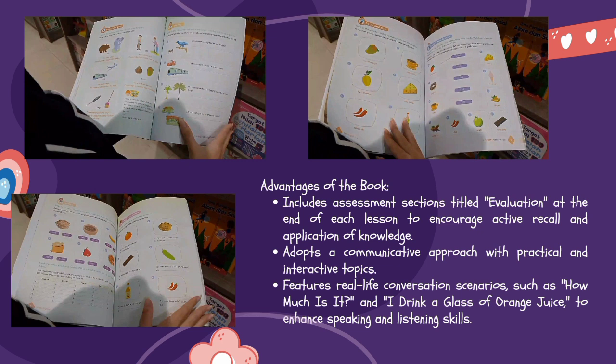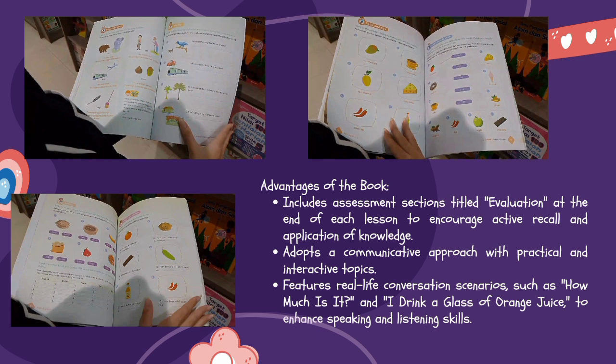The book adopts a communicative approach, particularly around practical and interactive topics such as "How much is it?" and "I drink a glass of orange juice." These topics stimulate real-life conversation, providing students with an opportunity to practice speaking and listening in realistic situations.